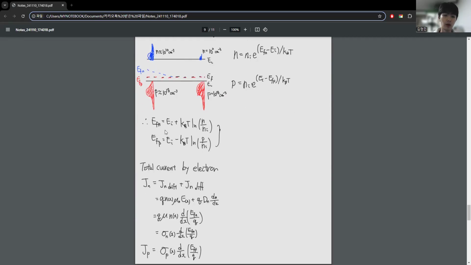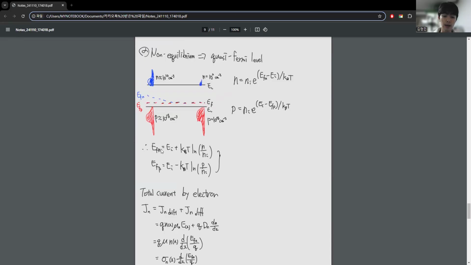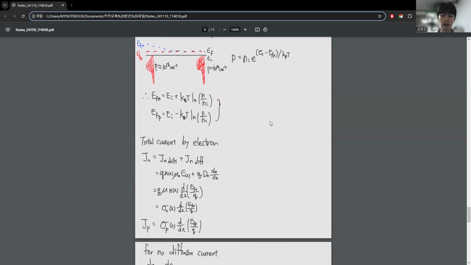So EFn, the electron Fermi level, equals Ei plus kBT ln(n over ni), and the hole Fermi level is Ei minus kBT ln(p over ni).